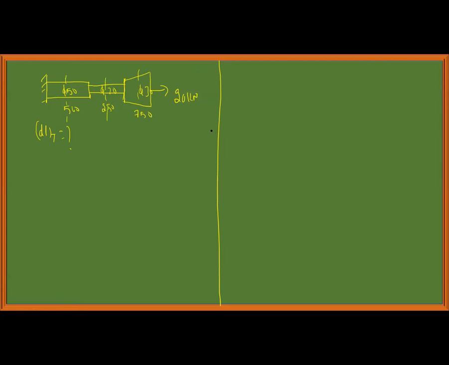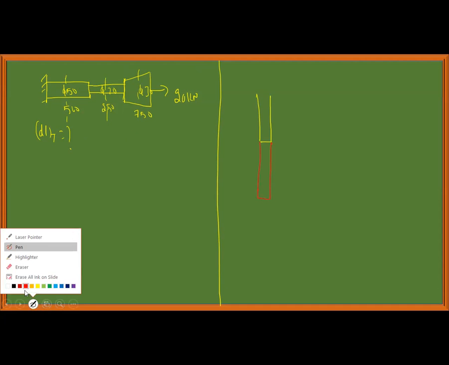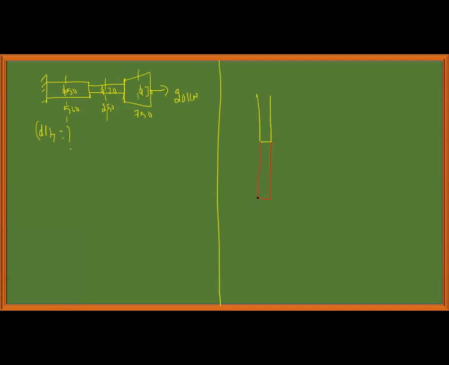You should always assume like this. Assume that this is one rod, some material. Below that, there is one more rod, and below that one more rod, like this.